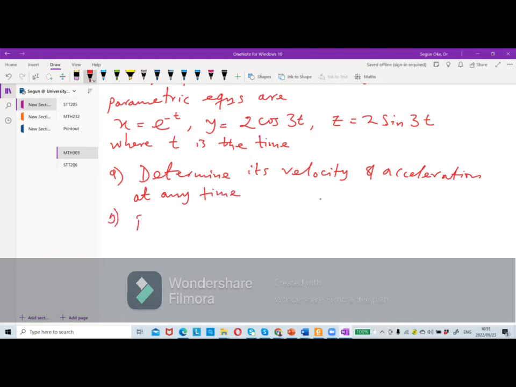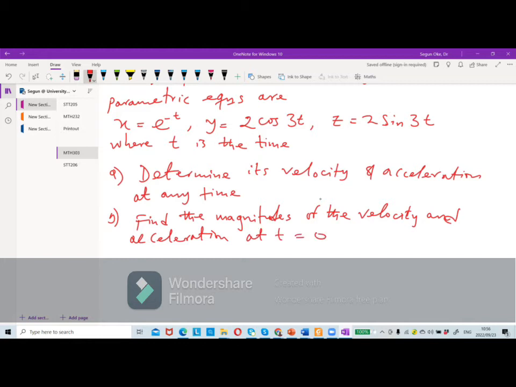B. Find the magnitude of the velocity and acceleration at t equals to 0.